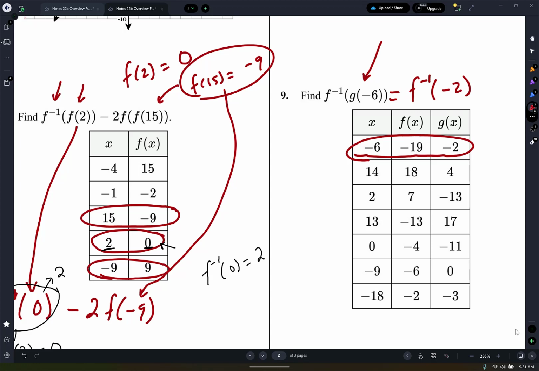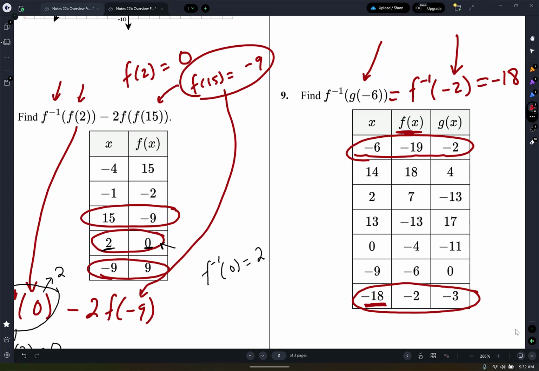All right, this is a y value on the original f. So I look for a y value of negative 2 on f. And here it is. So the output of this has to be what number? Negative 18. See, you guys got the hang of it.